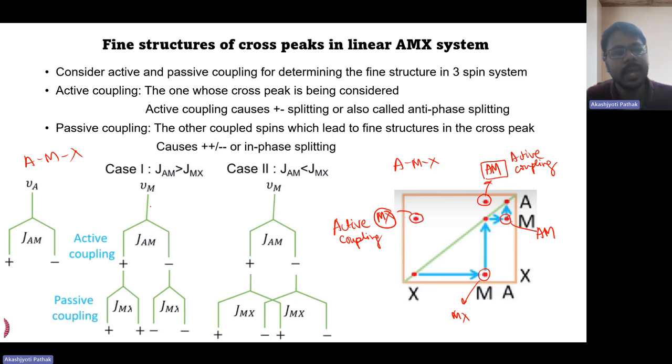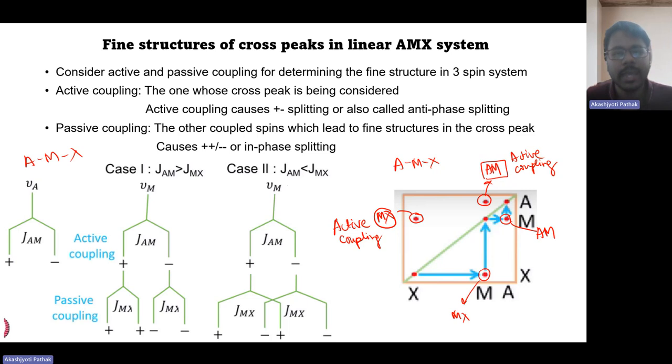Then this M spin will first be split into a doublet by the A spin, and you will get a plus and minus because of active coupling, because you are considering the AM cross peak, and then this will again be split by the X spin into plus plus and minus minus. Passive coupling: all the other fine structures that you will get other than AM are all passive coupling.